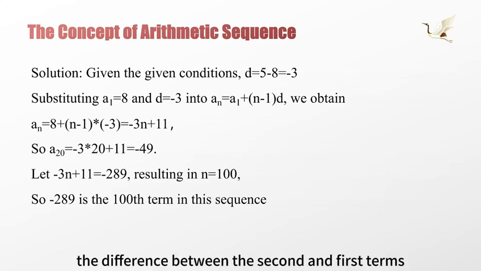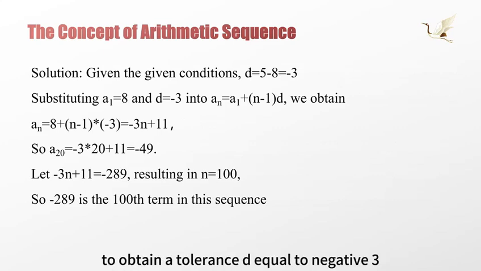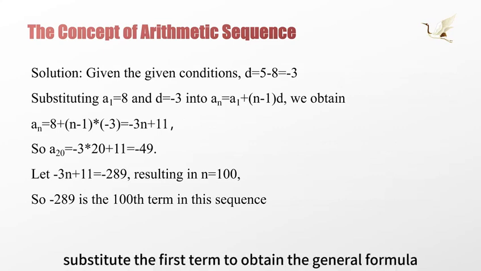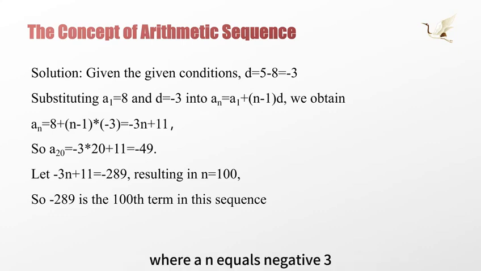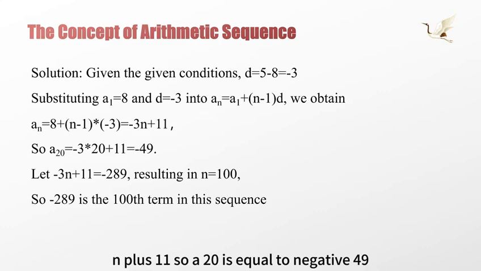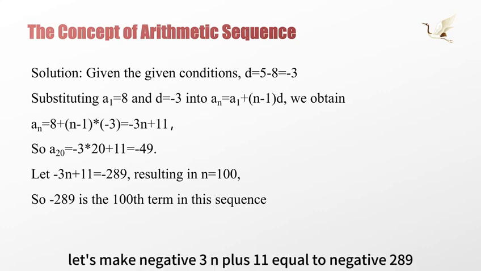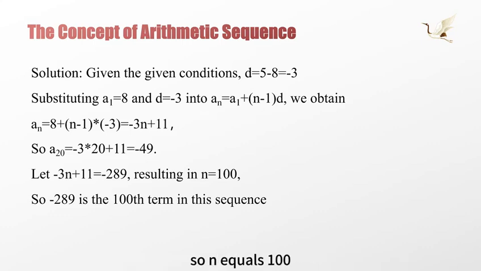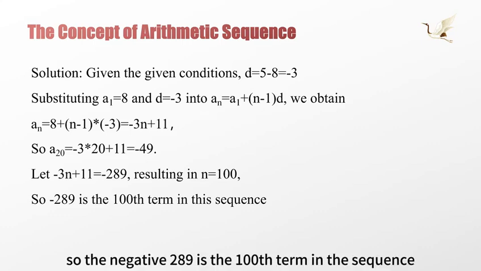Calculate the difference between the second and first terms to obtain a common difference d equal to -3. Substitute the first term to obtain the general formula, a n equals -3n plus 11, so a 20 is equal to -49. Let -3n plus 11 equal -289, so n equals 100. So -289 is the 100th term in the sequence.